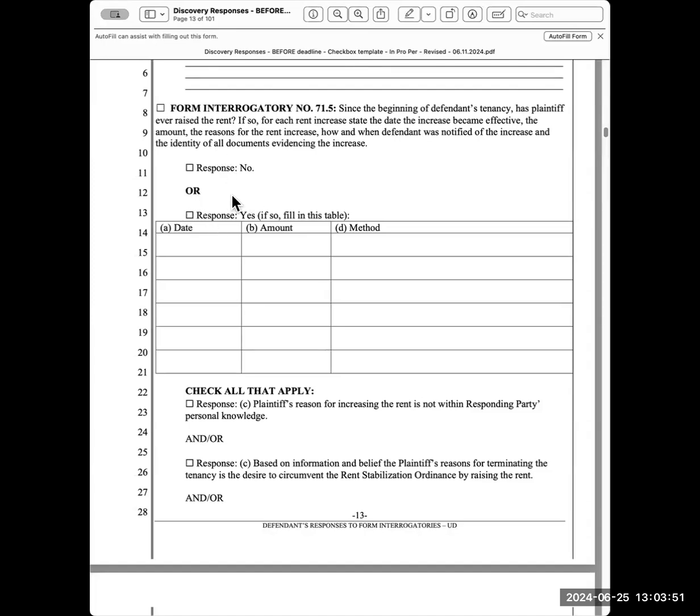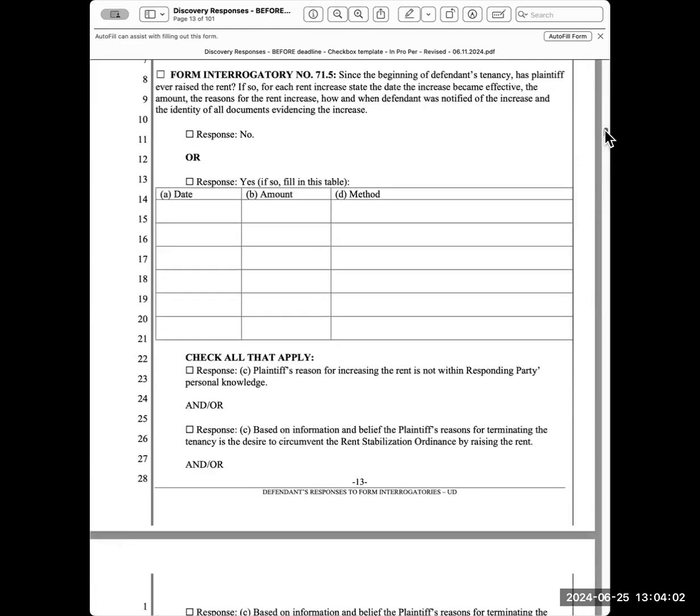Otherwise, check here and you fill out the chart of the date, the amount, and the method of communication for each rent increase. If you have the notices or emails or texts in which the landlord used to notify you about a rent increase, you want to include those as exhibits in your trial binder.